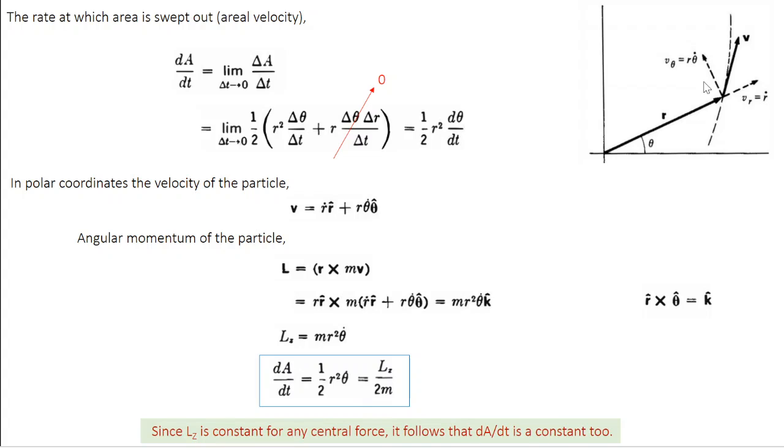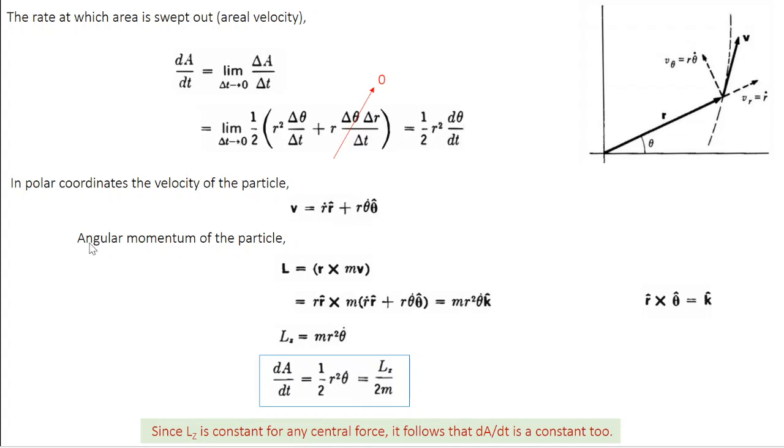And you also have an angular or tangential component v theta, which is given as r theta dot. This is along the r cap direction and v theta is along the theta cap direction. So velocity is going to be a vector sum of these two. So I can write, in the polar coordinate system, vector v equal to r dot r cap plus r theta dot theta cap.